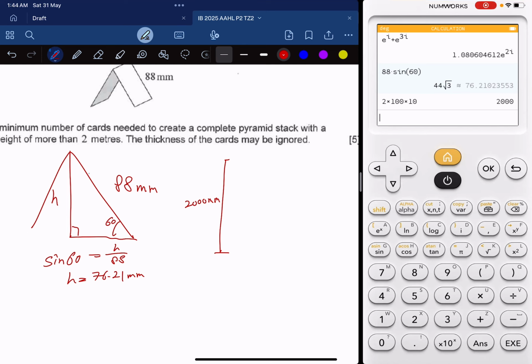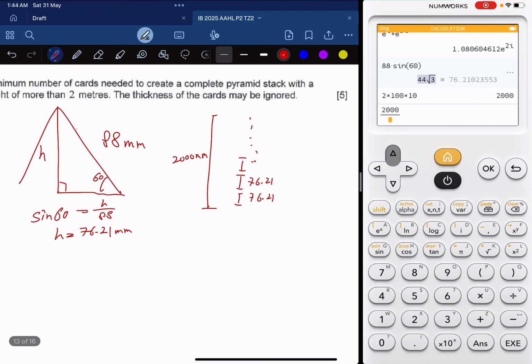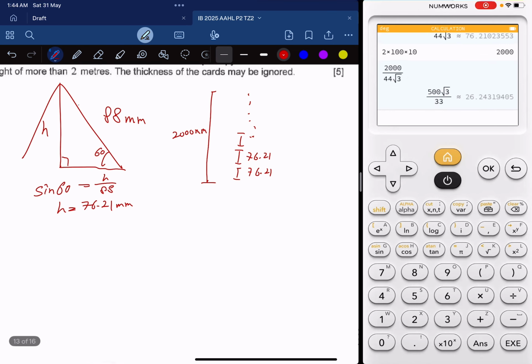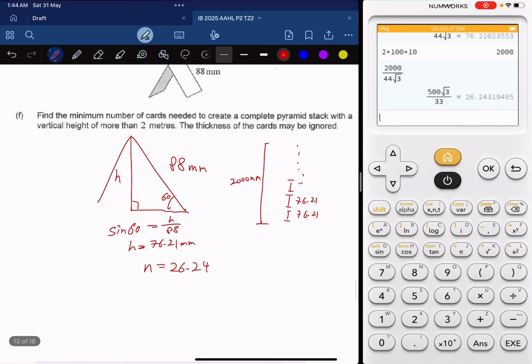Okay, and then we want to find how many 76.21 you can put inside. So 2000 divided by this ugly thing, 26.24. So we're gonna put 26.24 as n, right? So 26 rows basically.